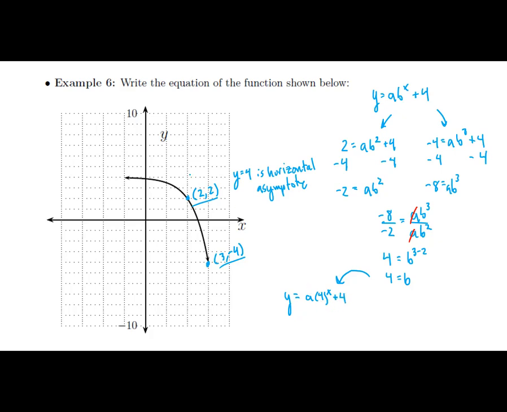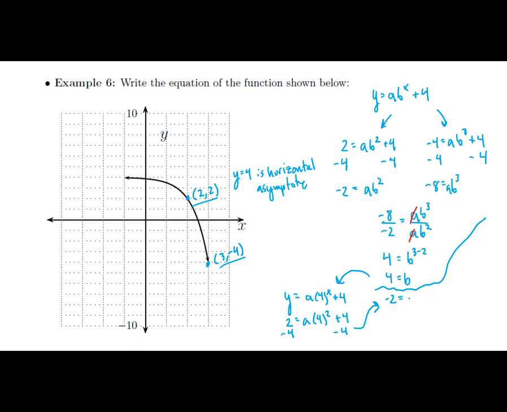But then lastly, I can just plug in an x and y again. So let's plug in 2 for y and 2 for x and solve. And then we'll be able to figure out our a. Sorry, I'm kind of running out of room here, so not the best use of space, but we'll make it through here.